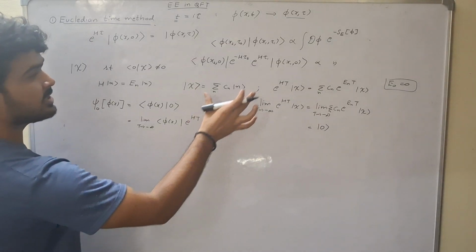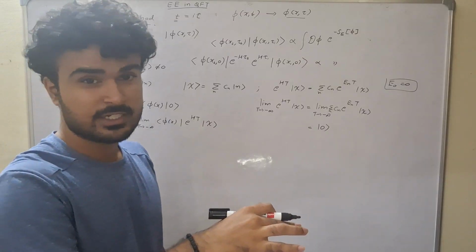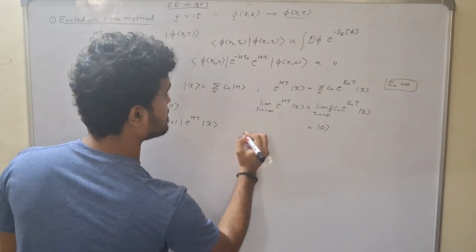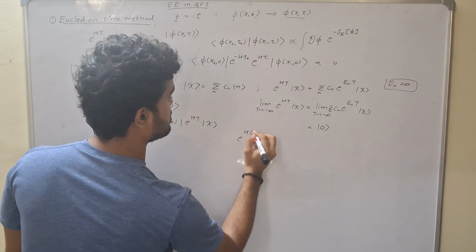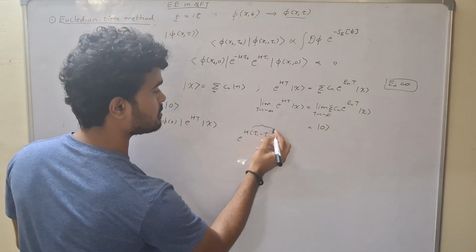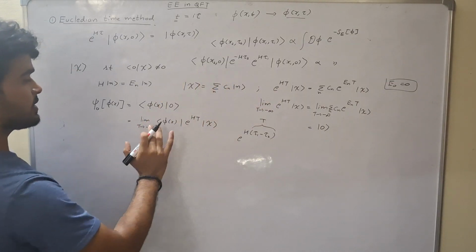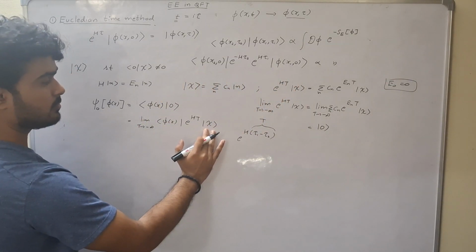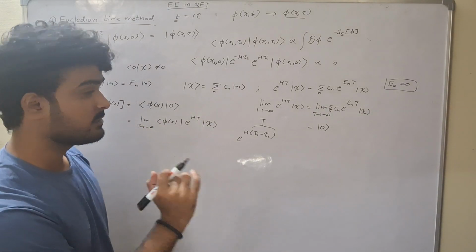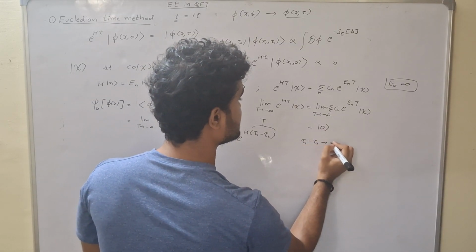Now we have something similar here in terms of path integral. If we want to extract the ground state in terms of path integral, this exponential can be written as exponential of H times tau 1 minus tau 2, which can act as capital T. To extract the ground state from here, T should go to minus infinity to get the ground state wave function, which implies tau 1 minus tau 2 should go to minus infinity.